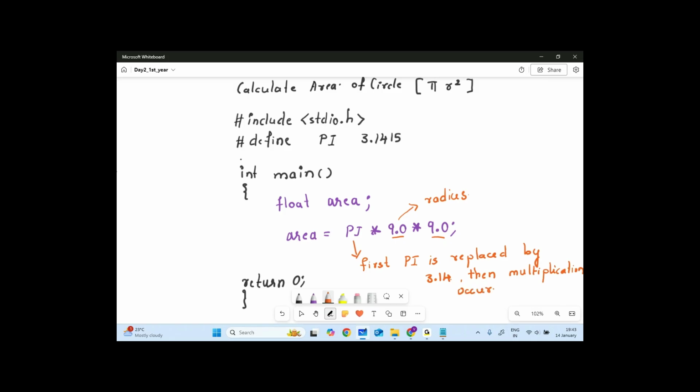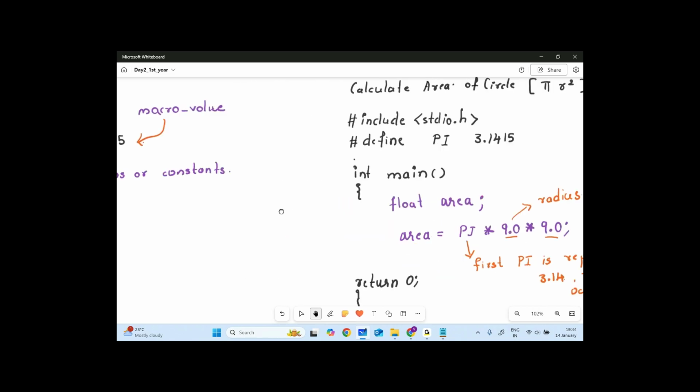Are you understanding? First, if I want to do the multiplication, I have to put the value of pi. So what you need to understand from this is that macros are replaced by their values during compile time. You know that preprocessor directives work at compile time, right?